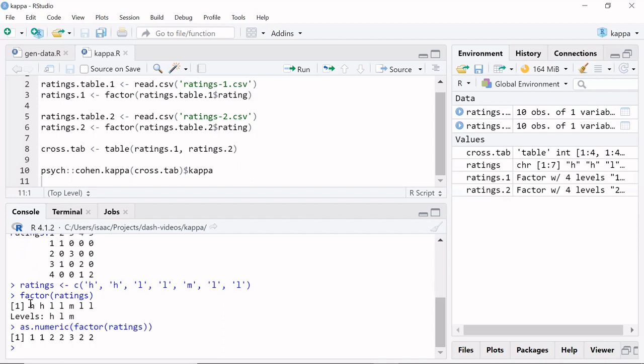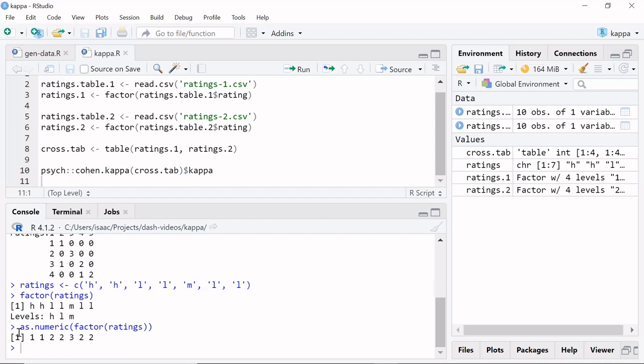So we can see that factor level H for high is represented by an integer value of 1. Low is represented by an integer value of 2, and medium is represented by an integer value of 3.